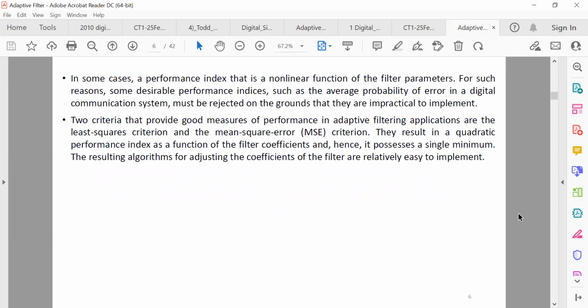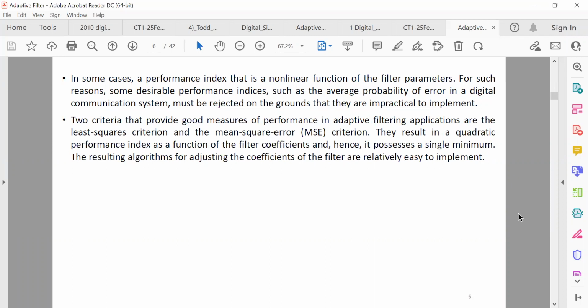In certain cases, the performance index is a nonlinear function of the filter parameters. Such cases, like the average probability error of a digital signal communication, must be rejected on the grounds that they are impractical to implement. That means when signal parameters are not very predictable, then you cannot depend on that parameter.